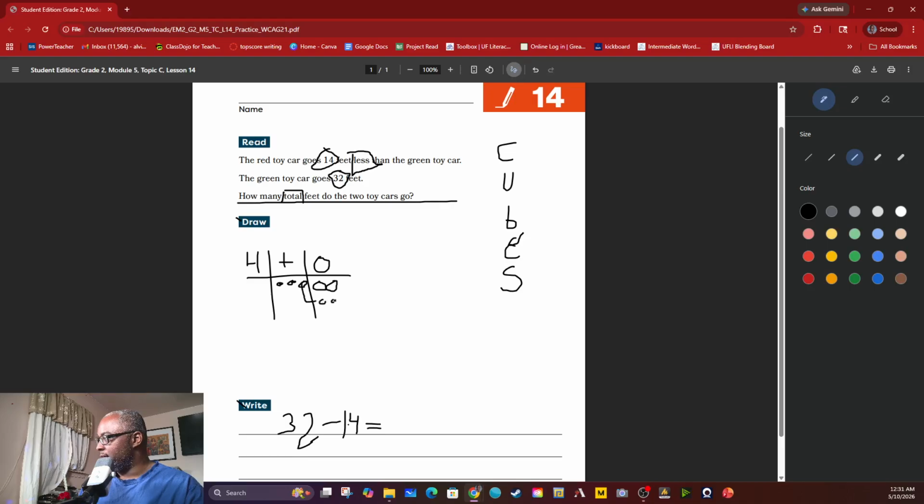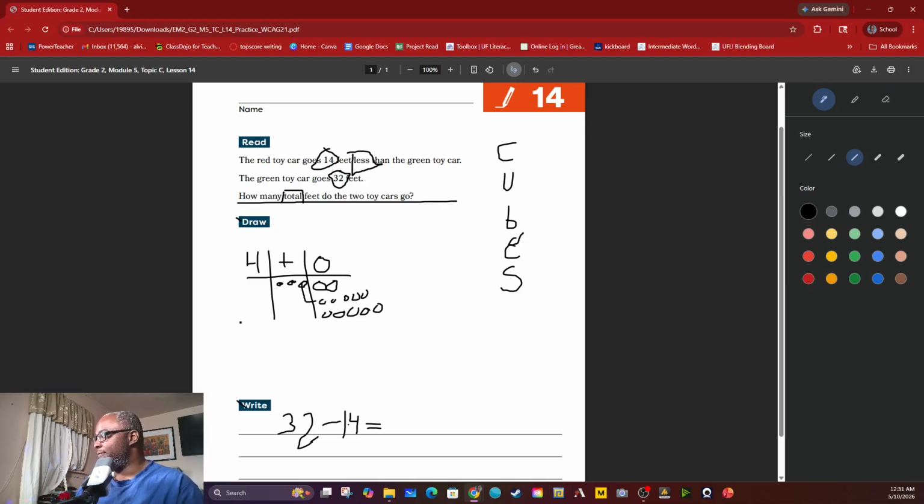One, two, three, four, five, six, seven, eight, nine, and 10. Unbundle means you take away one ten and put it in the ones place, 10 ones, because 10 ones make one ten.